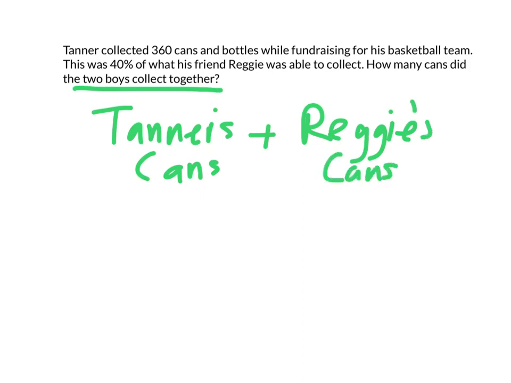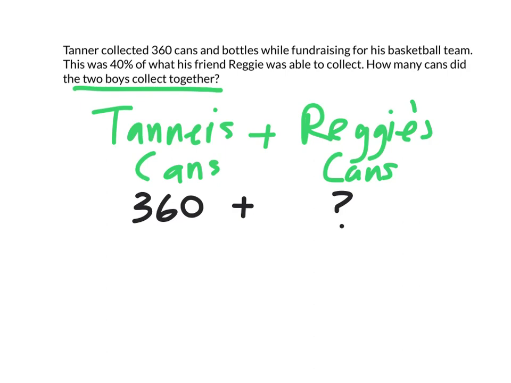Now we already know Tanner's cans. It says Tanner collected 360, but we don't know how many cans Reggie collected yet. So our goal right now is to figure out how many cans Reggie collected. It gives us some information to find that.